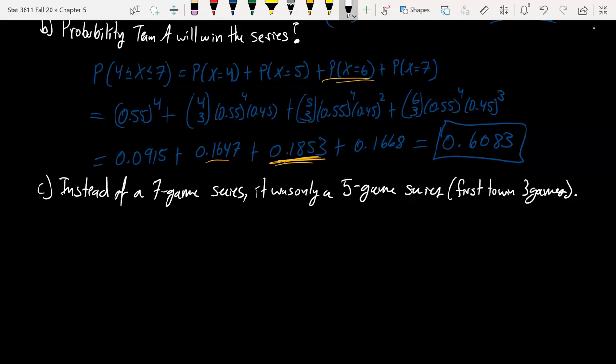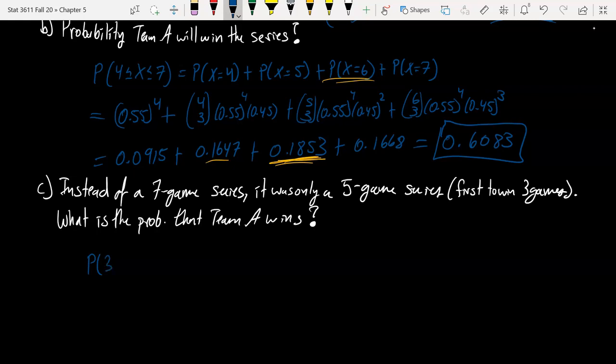All right. Then what is the probability that Team A wins? Okay, well, this is essentially the same type of question, except if it's only a 5-game series, then we're looking at the probability that X would be between 3 and 5, right?